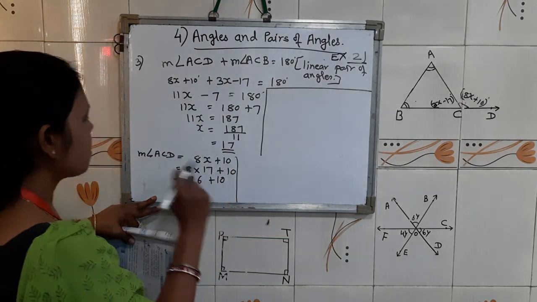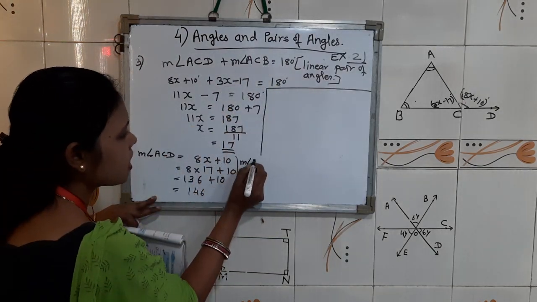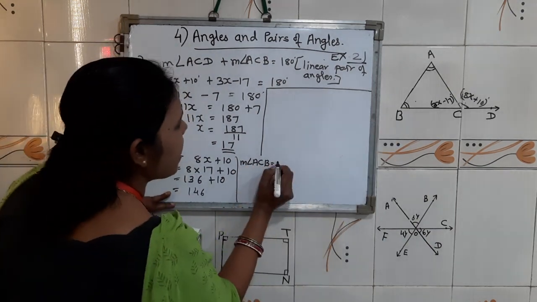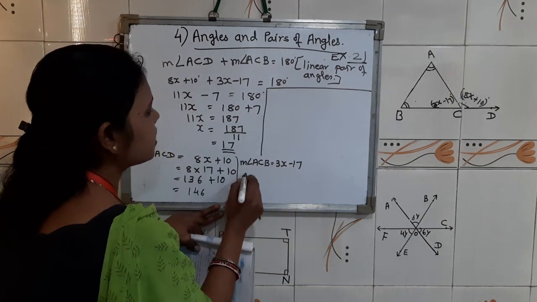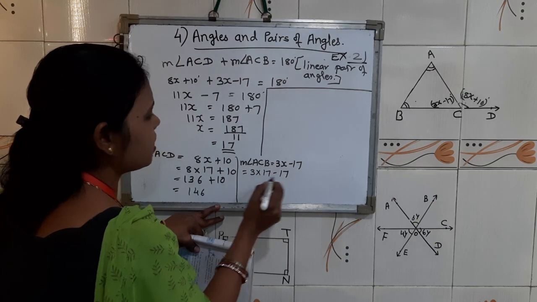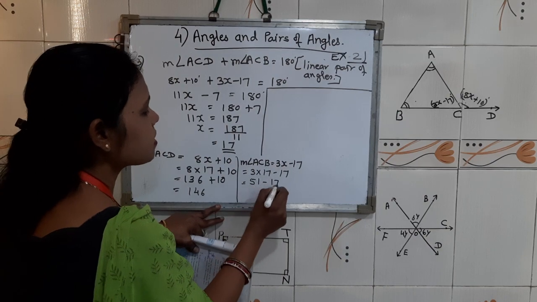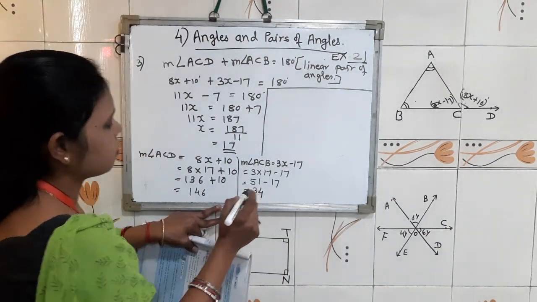Second one, measurement of angle ACB. ACB equal to 3x minus 17. That is 3 into 17 minus 17. 17 3s are 51 minus 17, that is 34.